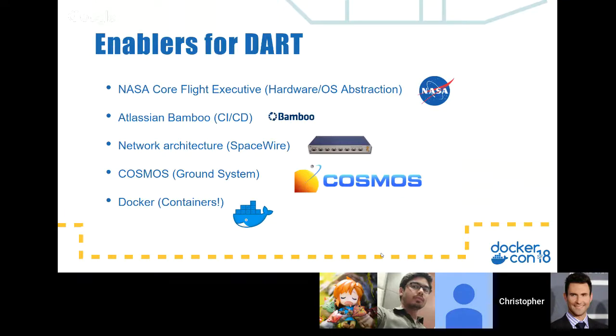So the way that we did that, we heavily relied on the Core Flight Executive. So this is basically a hardware abstraction layer from NASA, which is open source. You can go get it right now.